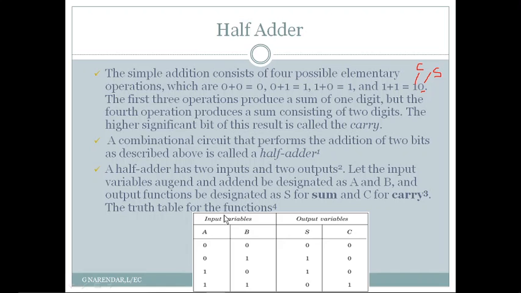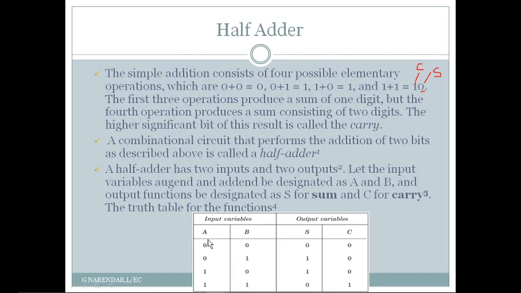And on the left hand side we always show the input variables, here A and B, and since there are two inputs, there are four possible input combinations for these two variables. So we will list out all those four possible input combinations.